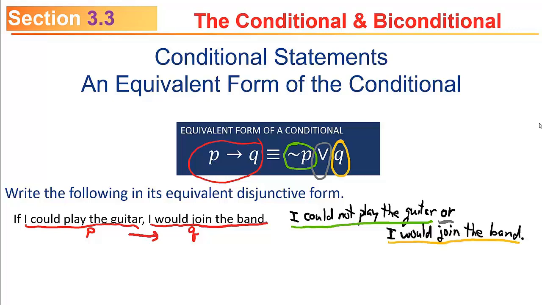Or Q, which is I would join the band. So the statement I could not play the guitar or I would join the band is logically equivalent to the statement that I started with, which says if I could play the guitar, I would join the band. So that's a simple example of using this equivalent form of a conditional formula.